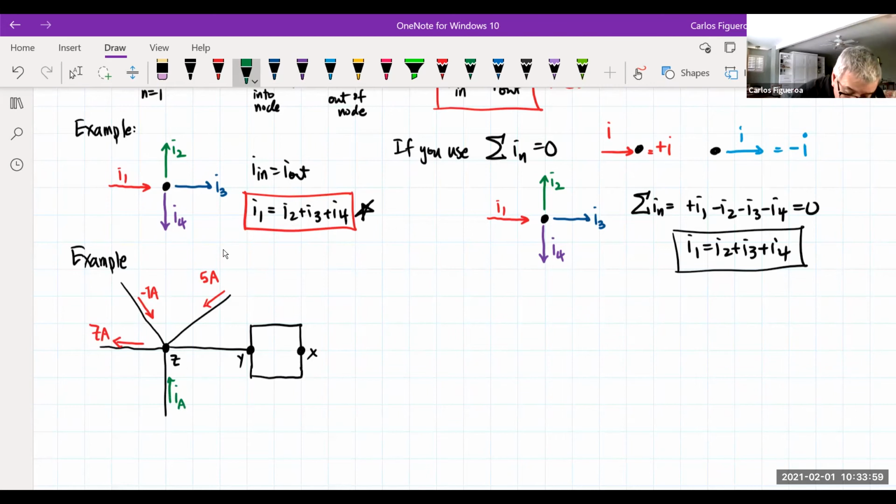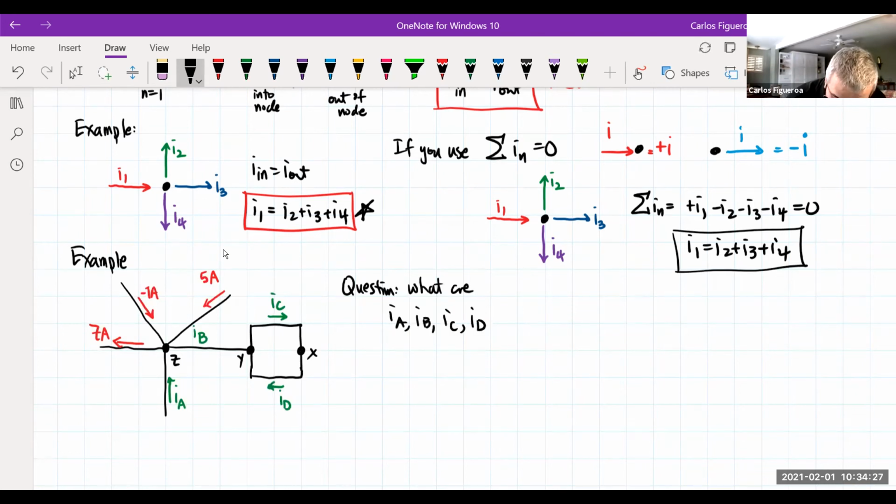I'm going to call the current in this branch IB, but I don't know the direction of it. And then there's a current here, which I'll call IC, and this current here, I'm going to call ID. So the question is this: what are IA, IB, IC, ID?